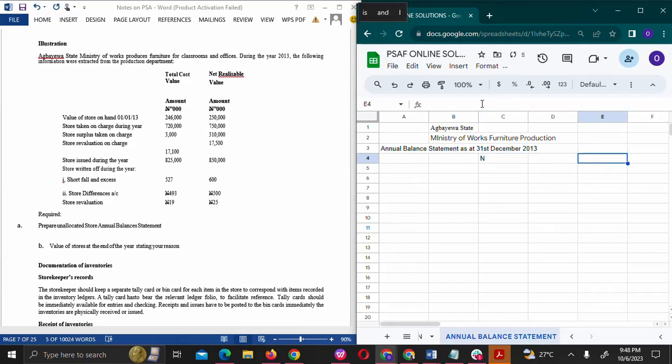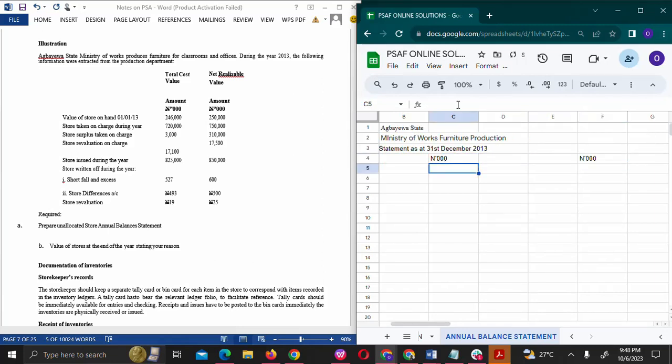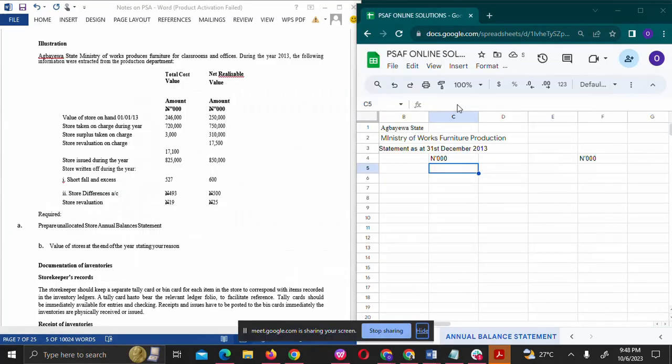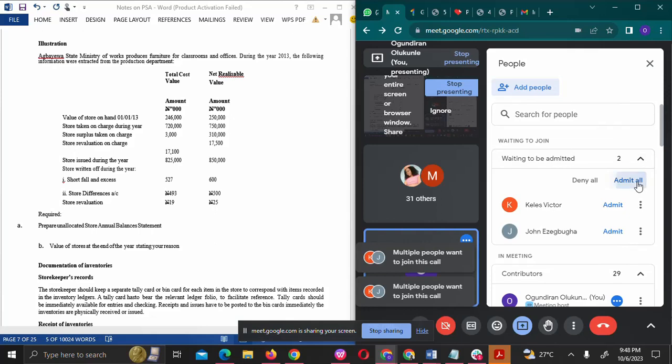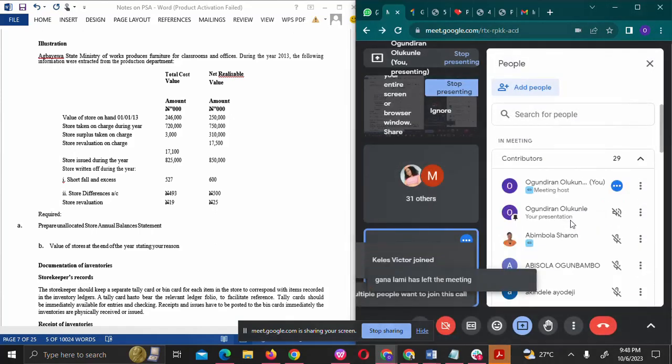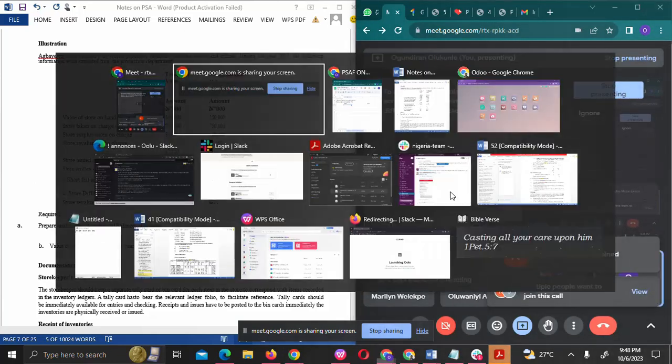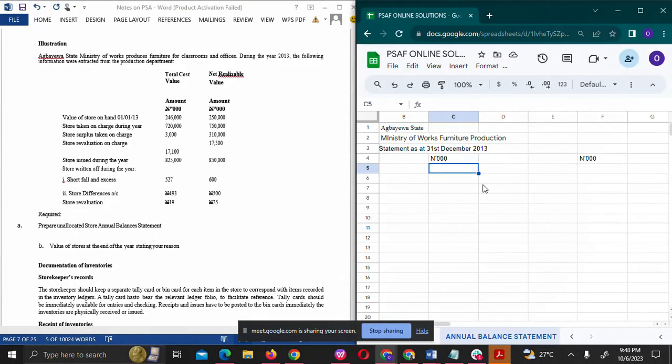All figures denoted in thousands. Right? Are we on the same page?